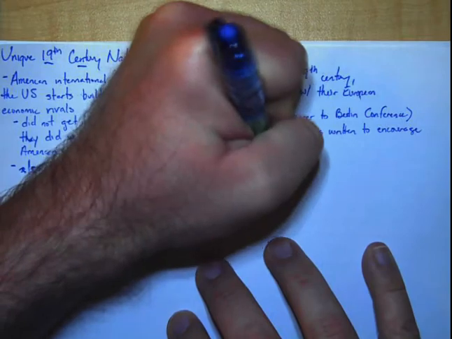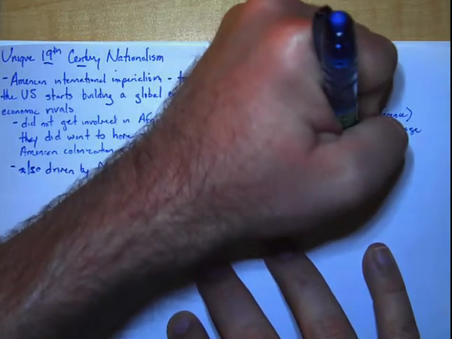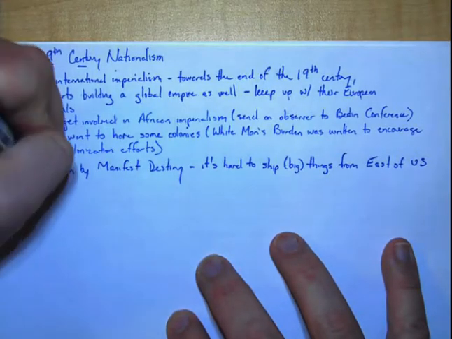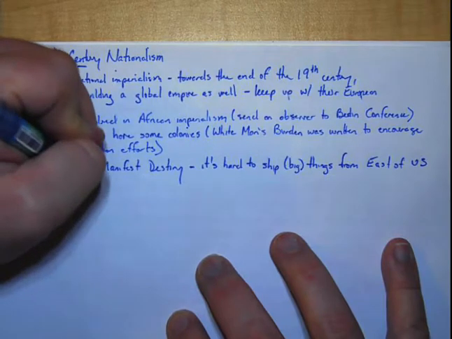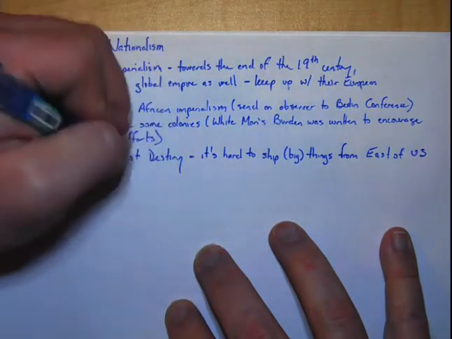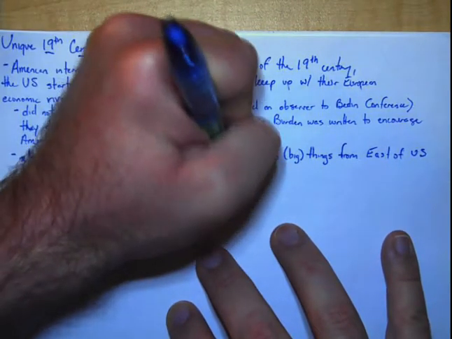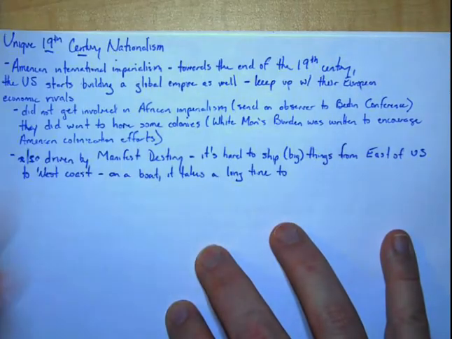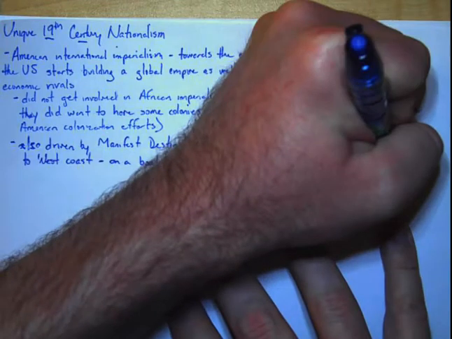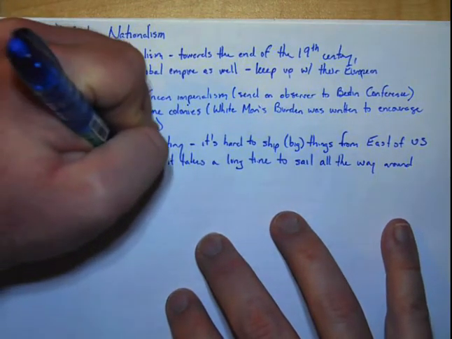It's hard to ship things, or especially big things, from the east coast of the United States to the west coast, and the easiest way to send something big is to put it on a boat, but that takes a long time to sail all the way around South America to get to the west or east coasts.